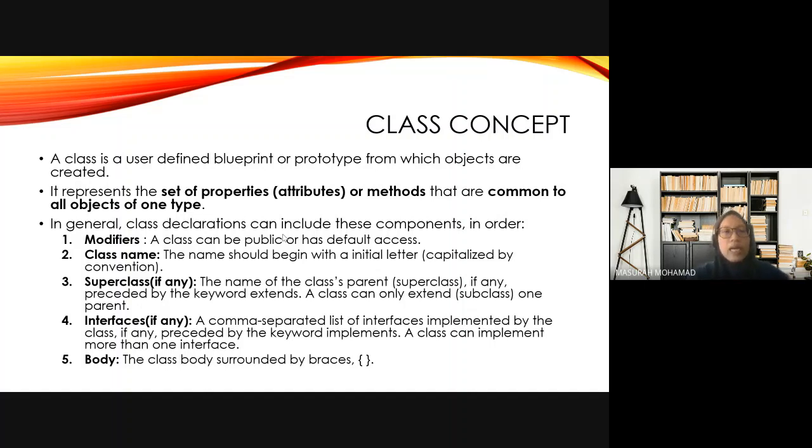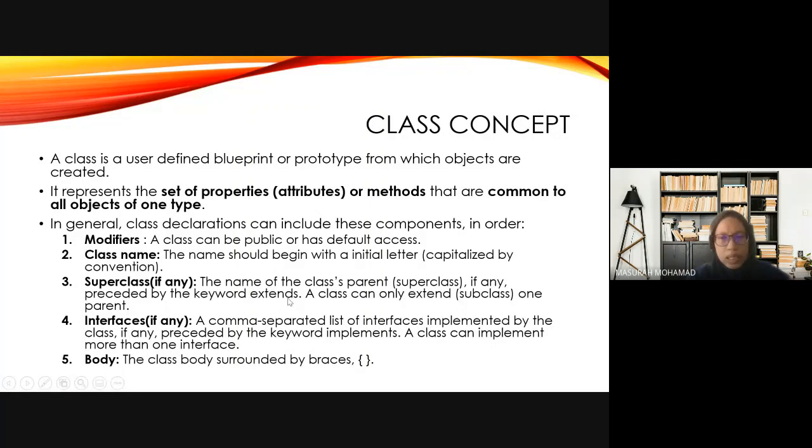Okay, and then after modifiers, we must follow by class name. Kenalah bagi tahu what is the name of the class. For example, student. Okay, and then if we write an inheritance concept, so you must include the number 3, superclass. So how to tell the compiler, okay, I want to implement inheritance, so you must include the keyword extend here.